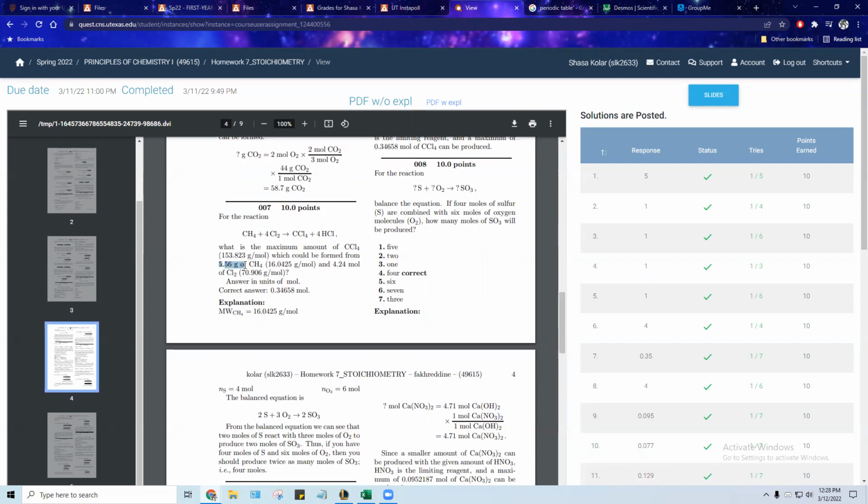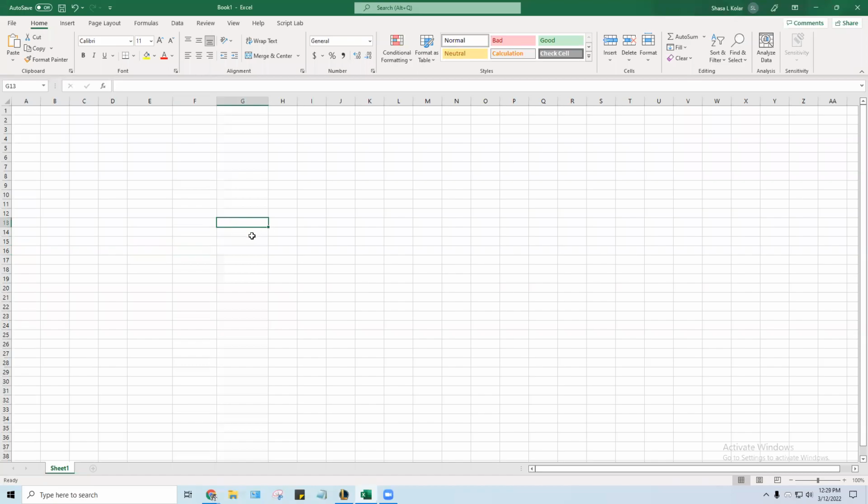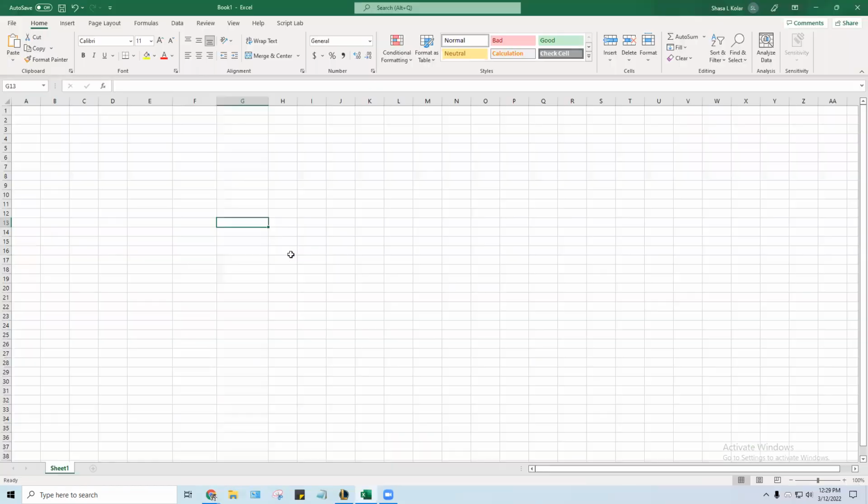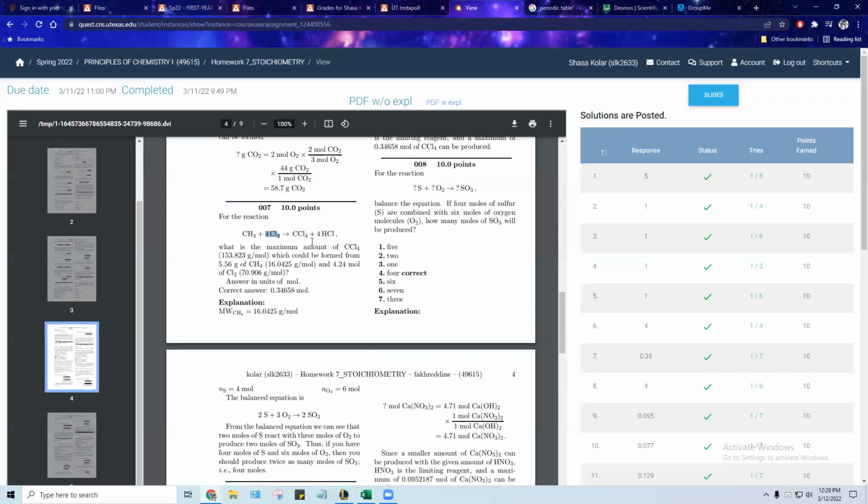Then it gives us the mass of CH4 and the number of moles of Cl2. The ratio is 4 Cl2 required, so we can divide 4.42 by 4 to find its equivalent moles for the equation.